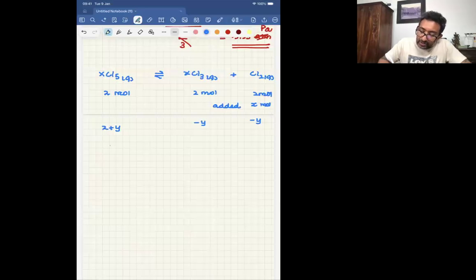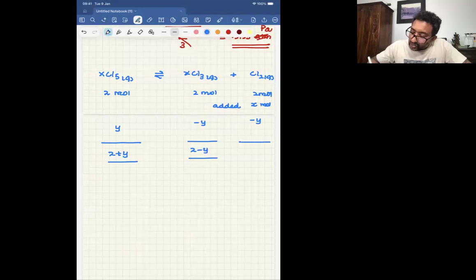So what is the amount at equilibrium? 2 plus y here, 2 minus y, and here 2 plus x minus y. These are the number of moles.